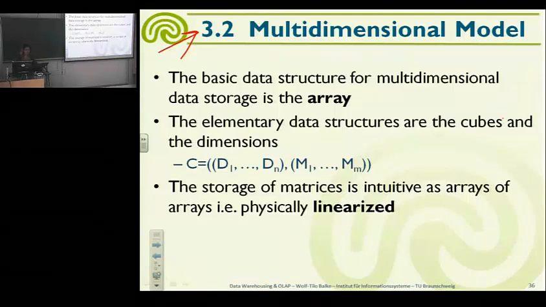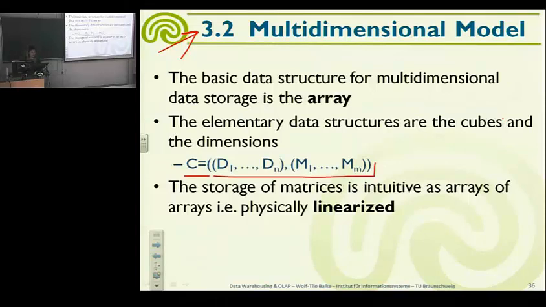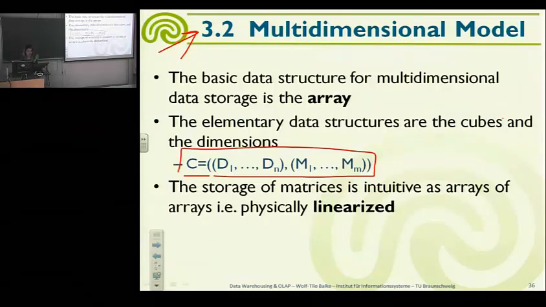So the basic data structure that we would be talking about, since we're talking about a cube, is, at the end of the day, probably a matrix and arrays of some sort. And once you cut down this array and this matrix and you get these small arrays, then you can linearly put them on the disk. So the cube, like we said, is a Cartesian product of the different dimensions that you have and the measures that are assessing the cube.